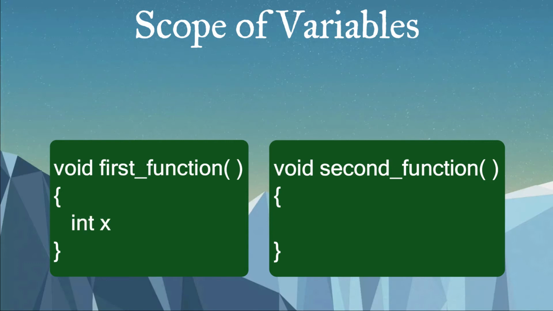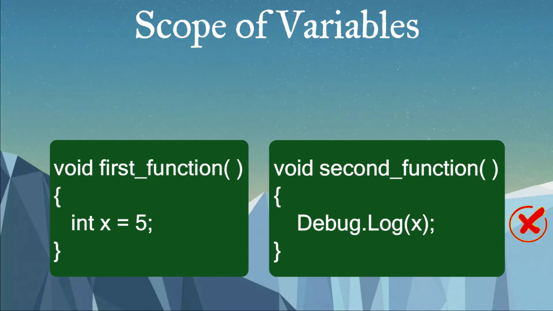When we declare a variable x and assign its value 5 in the first function, and try to use it in the second function, to display the value in the console or for any other purpose, then an error will occur. In this case, the name x does not exist in the current context. That means the variable x is not found inside the curly brackets of the second function. So a local variable defined in one particular method cannot be used in another method.